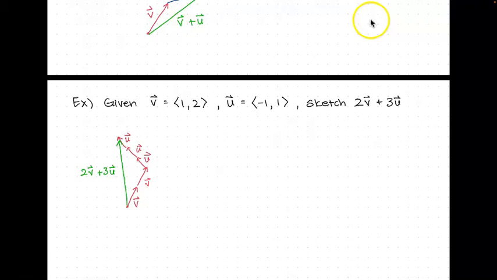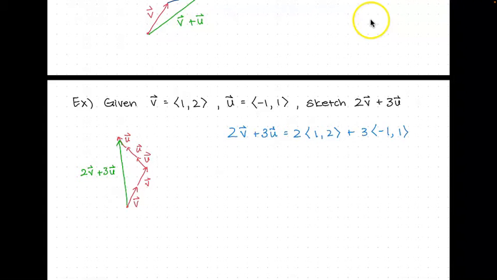If we had to find 2v plus 3u algebraically, that's not that hard. 2v plus 3u is 2 times the vector 1, 2 plus 3 times the vector negative 1, 1.